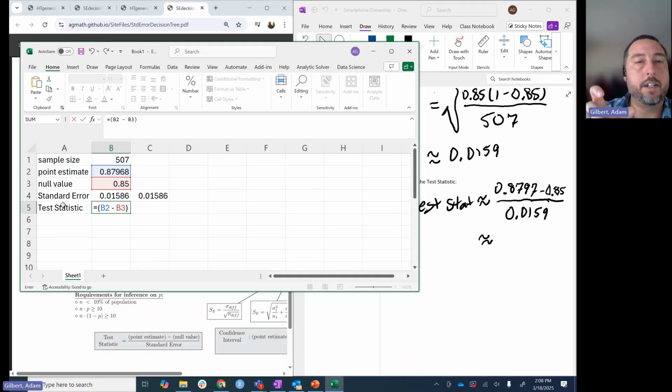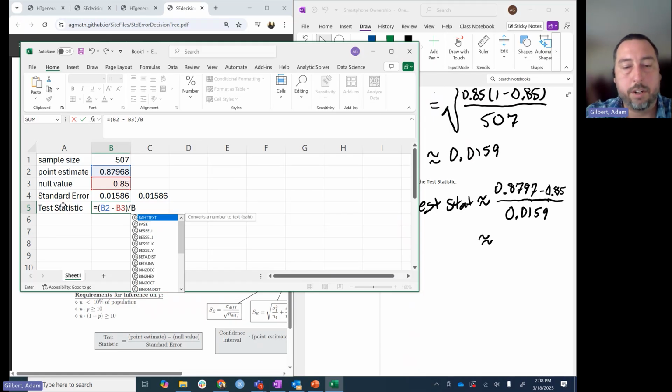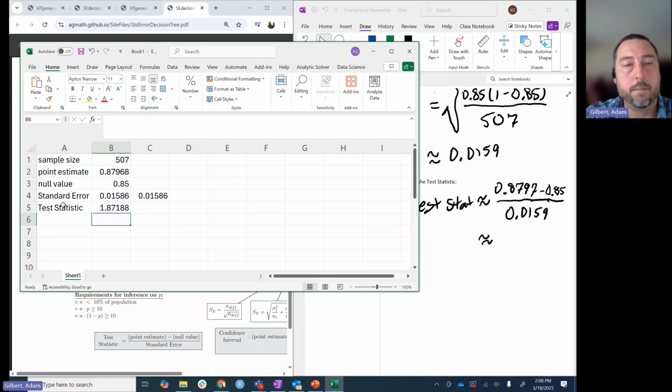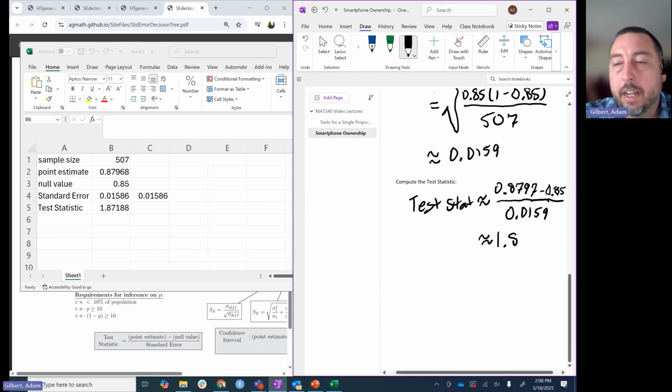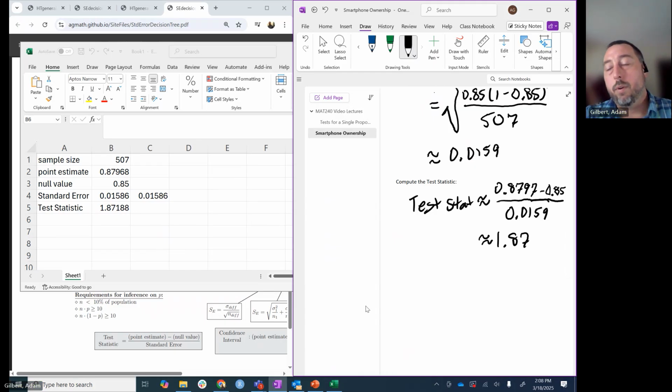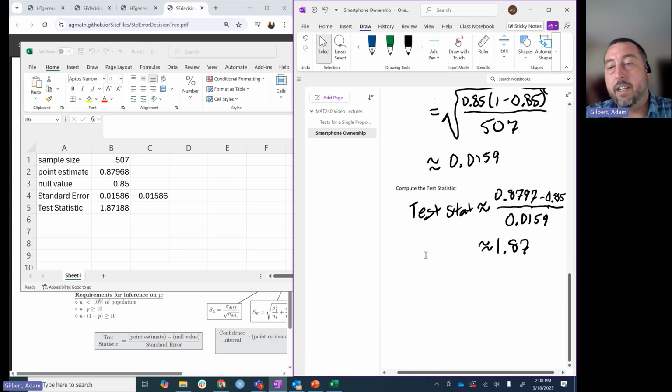You want this quantity to be the top of a fraction. And we're going to divide that by our standard error, which is in cell B4. And we get 1.87. We've calculated our test statistic.